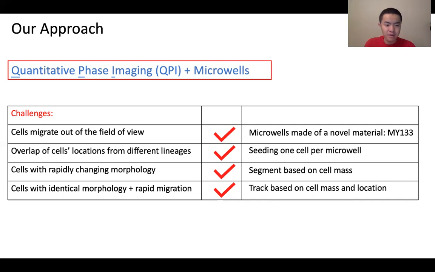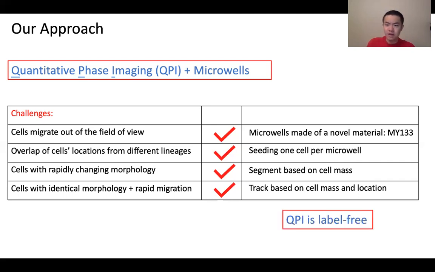Additionally, it is common to see adherent cells with rapidly changing morphology and non-adherent cells with identical morphology and rapid migration. Our method can address both problems.